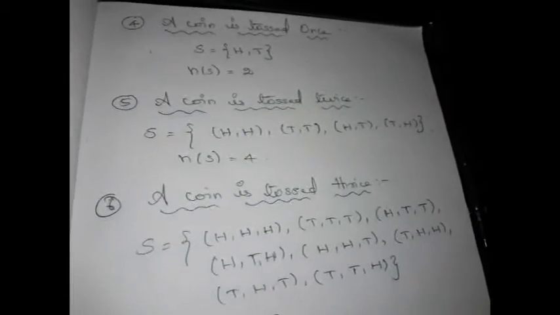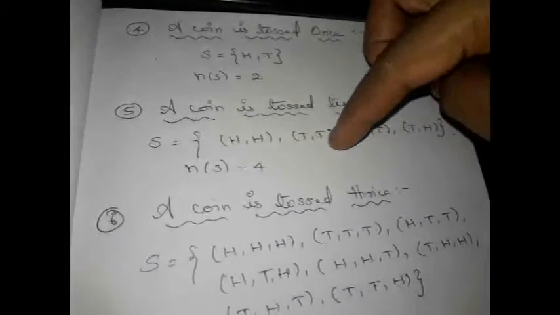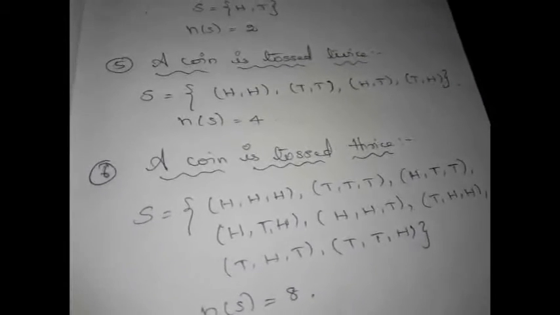So, what is the probability of getting two heads? 1/4. What is the probability of getting two tails? It is 1/4 again. What is the probability of getting one head and one tail? It is 2/4. All are different. So, the given statement is wrong.